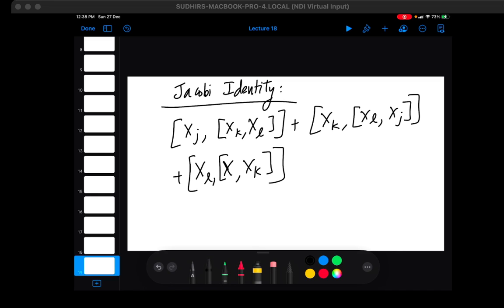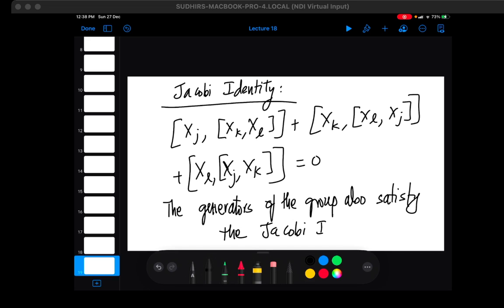So this is something called the Jacobi identity. So the generators of the group also satisfy the Jacobi identity.